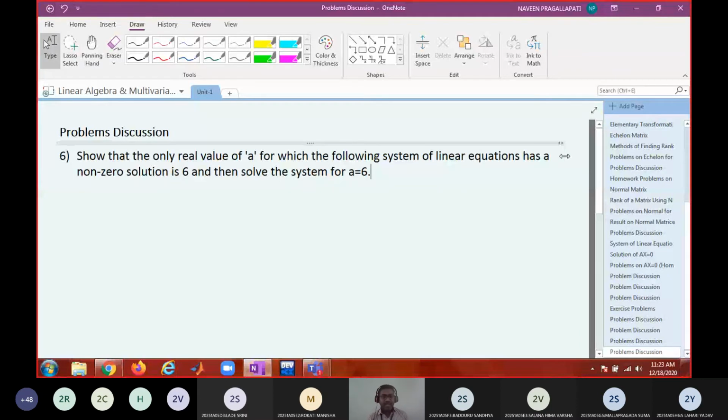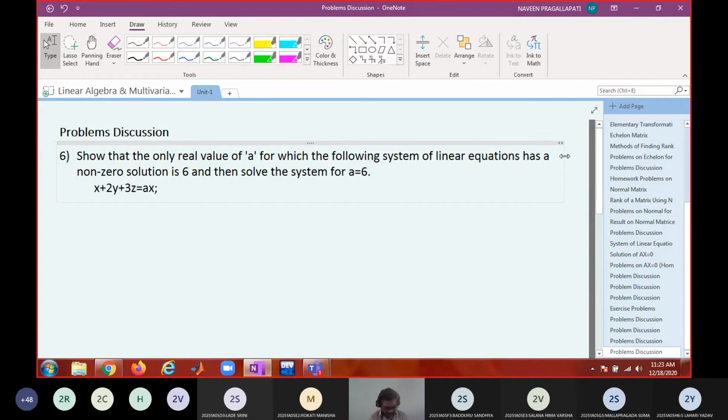So the system of equations is given by x plus 2y plus 3z equal to ax.